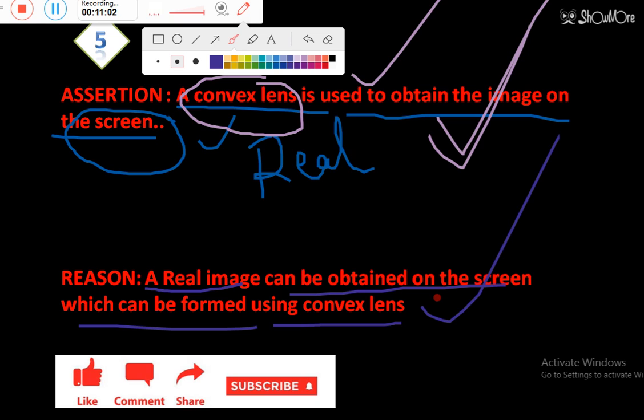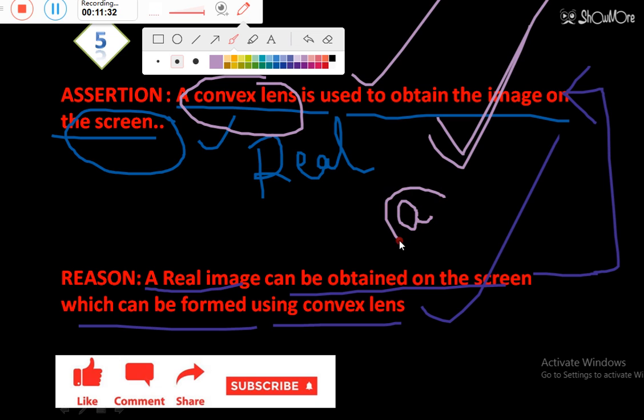So both are interlinked and both are true, and the reason is the correct explanation for this assertion. So I hope you can now easily guess the answer. Both assertion and reason are true, and reason is the correct explanation for the assertion. So the answer will be option A.